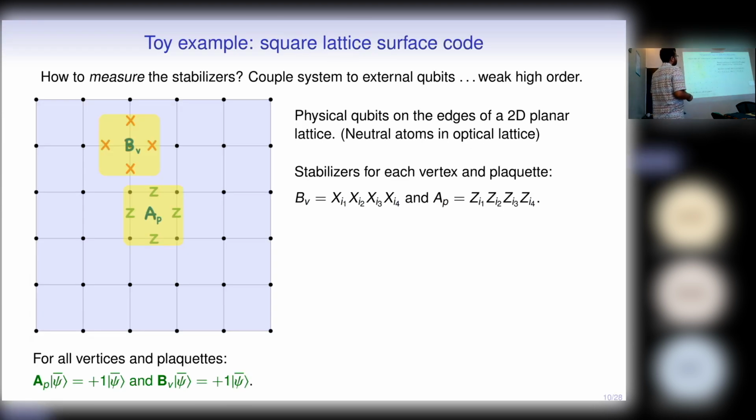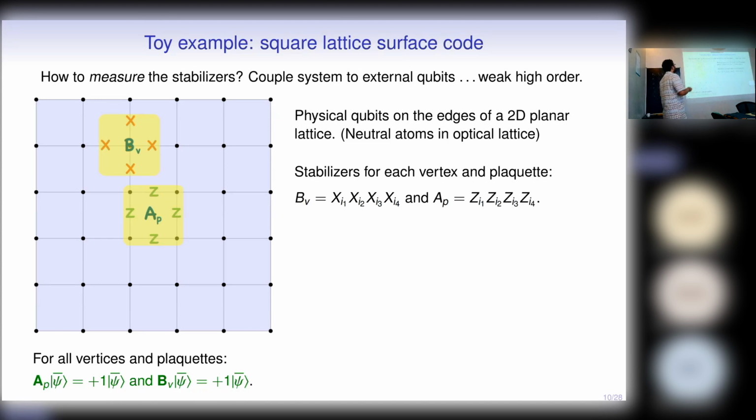Okay, so again, to specify a code, I need to specify stabilizers. How am I going to do that in surface code? I'm going to do something even more pictorial. I went from specifying a state to operators, and now I'm not even going to write the operators. I'm going to give you a picture where the operators are implicit.